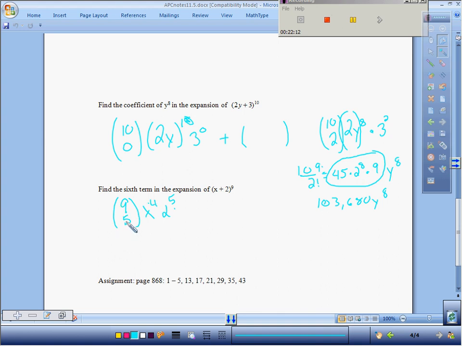Since this is the sixth term, this number is 1 less than 6. You figure out what that is, multiply it by 2 to the 5th, and then x to the 4th would give you the sixth term of that sequence, which comes out to be 4,032 x to the 4th.